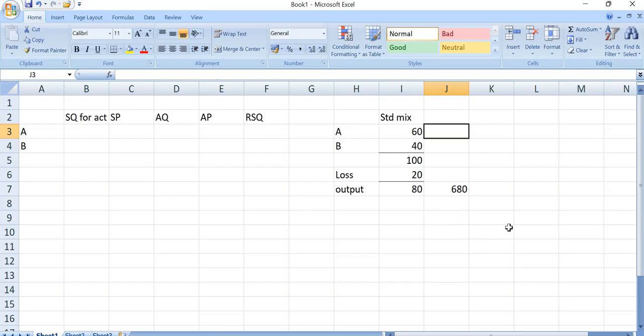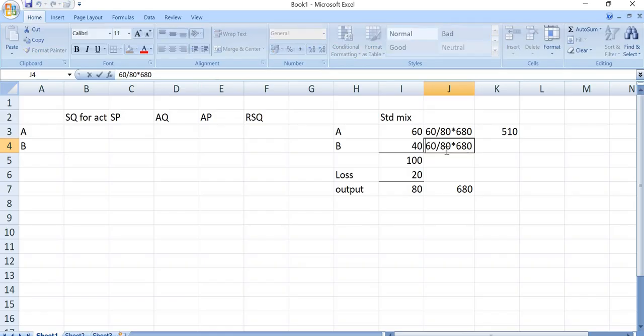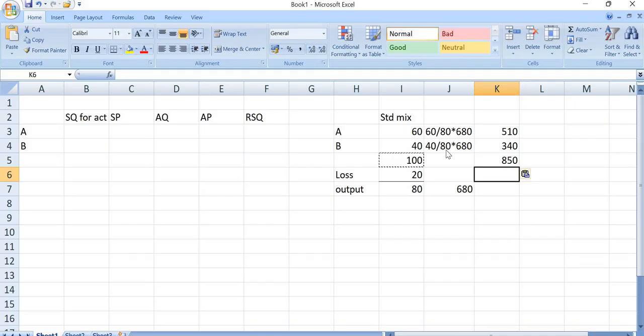Then for 680 kgs how much will be my input? 60 divided by 80 into 680. So I will be getting 510. Similarly for B, 40 divided by 80 into 680. So here 20% loss, and my output will be 680. So this will be my standard quantity for actual output.